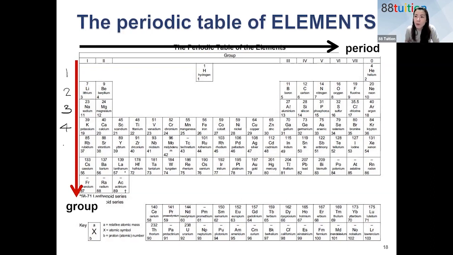Then period 5, period 6, period 7. Clear on this? So if I ask you now, Hey Yin, can you tell me in period 4, group 5, what element is that?